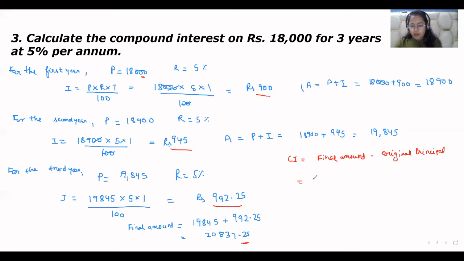Our final amount is 20,837.25 minus 18,000. After eliminating, we get 2,837.25. I hope it's clear how to calculate compound interest on 2 years and 3 years.